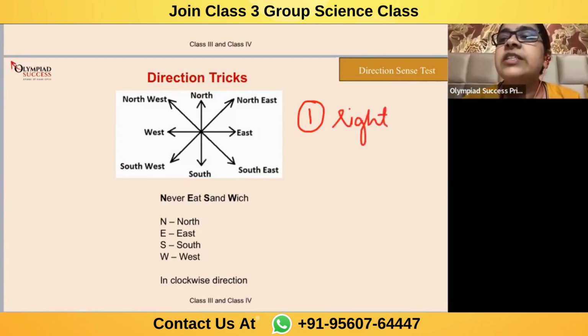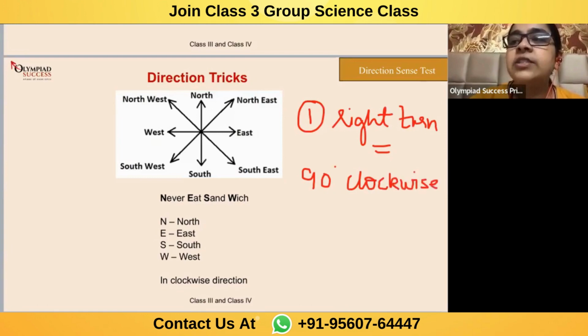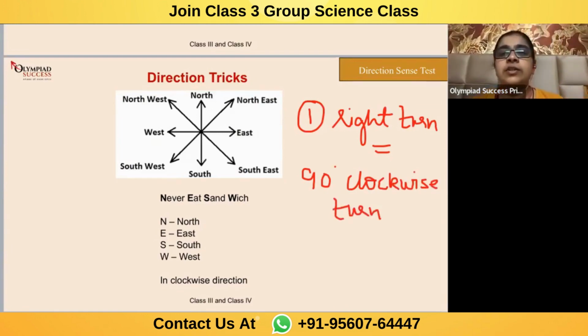So whenever they say right turn, you have to automatically understand that right turn is equal to what? Right turn is equal to a 90-degree clockwise turn. All the right turns are equal to a 90-degree clockwise turn.